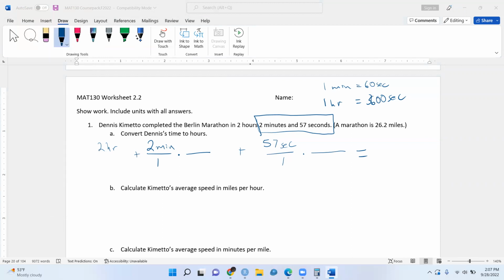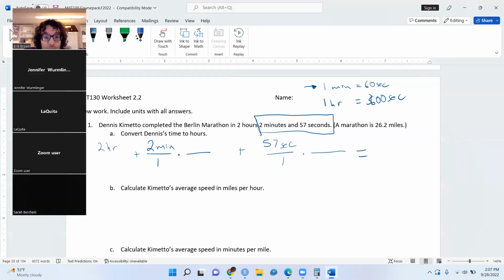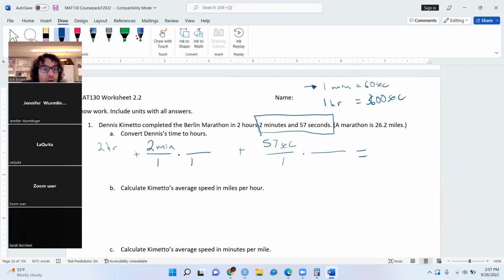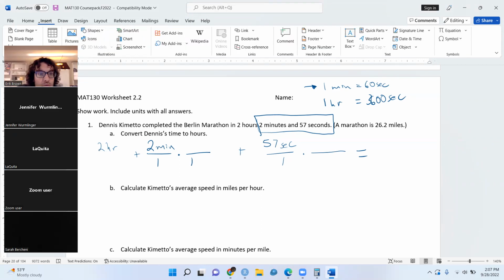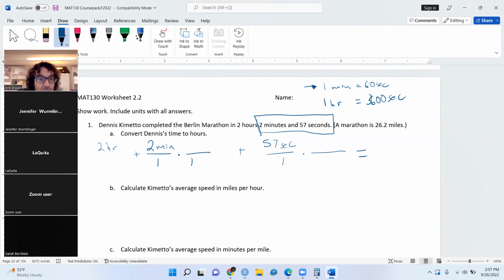We need to use this equivalency statement to write a conversion factor that converts this into the amount of hours 2 minutes represents. Oh, but I got this wrong, no wonder you're lost. This is useless. 1 minute being 60 seconds doesn't get us anywhere close to hours. We need 1 hour equals 60 minutes.